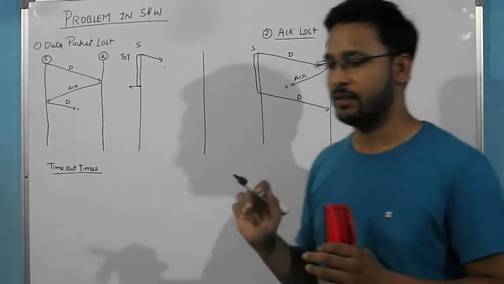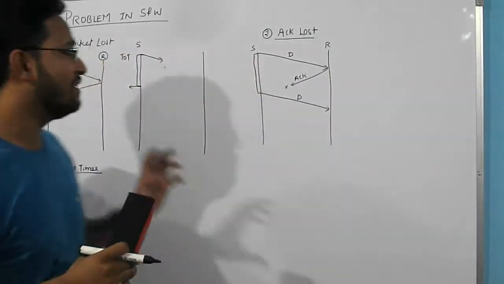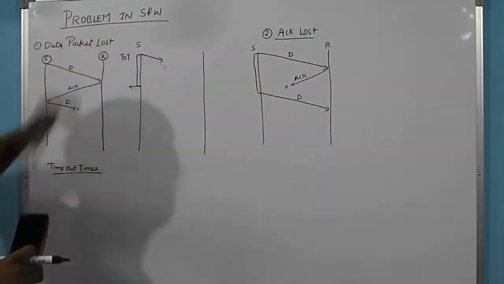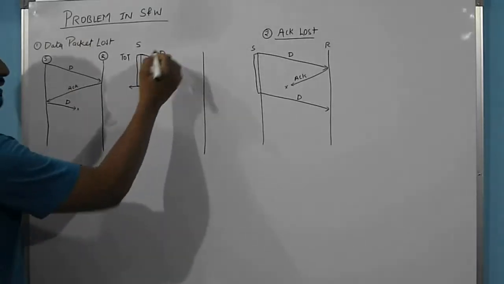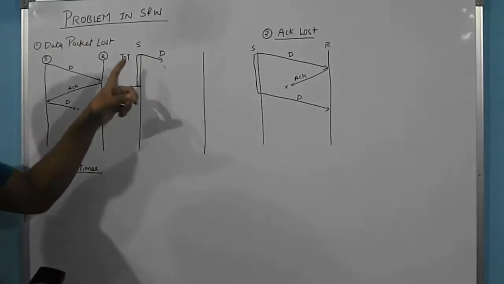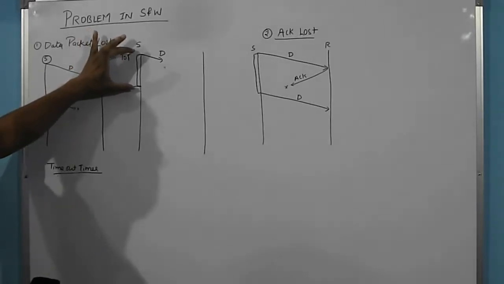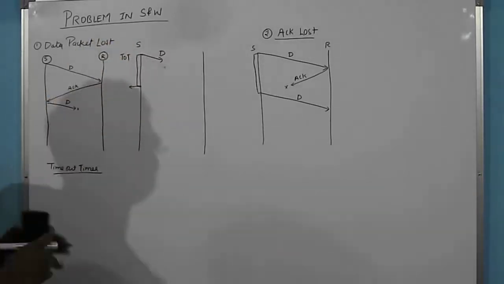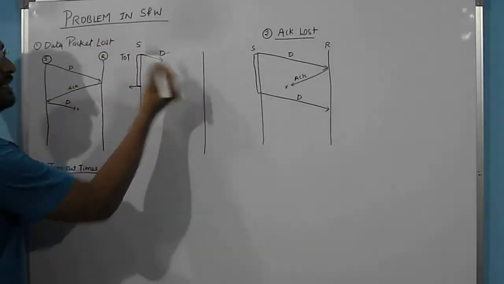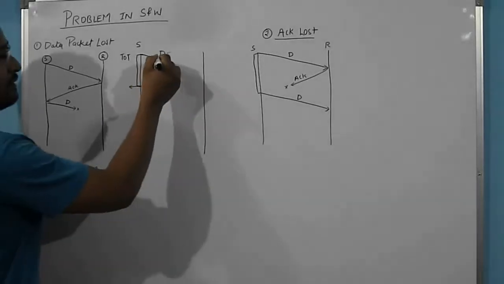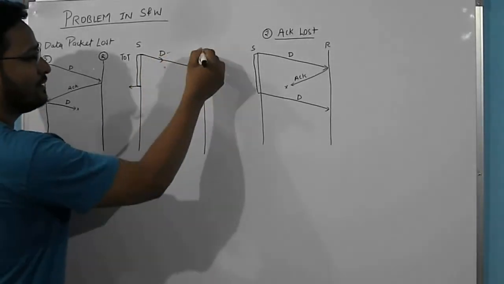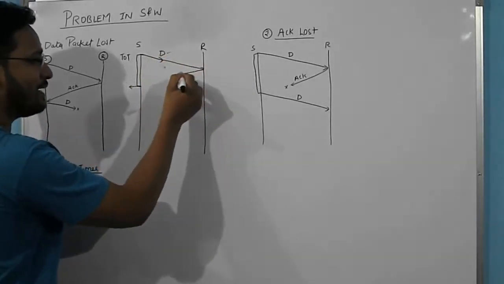This timeout timer is for this data packet. This is the whole timeout timer period. In this timeout period, sender must receive the acknowledgement for this data packet. Receiver receives this data packet and sends acknowledgement.